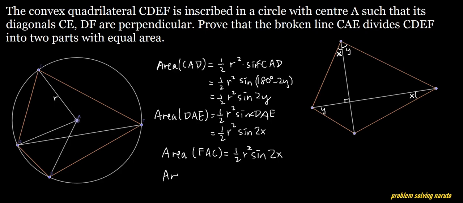And then the area of EAF will be sine EAF, which is twice ECF. ECF I call y, so 2y. And as you can see, the sum of these is equal to the sum of these, and that is what we want to prove.